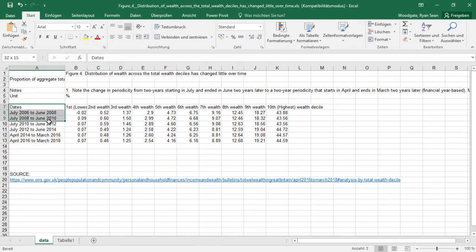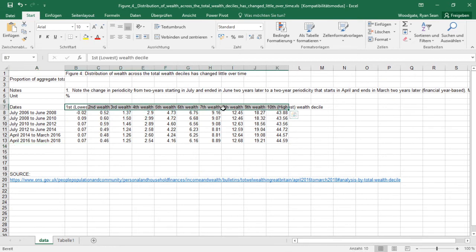and it has different periods, typically 2-year periods, and it has the wealth owners separated into deciles, so into groups of 10%. And what we see is, say in 2006, 2008, the bottom 10% actually owed more than it owned. It had more debt than it had assets, savings, and so on.